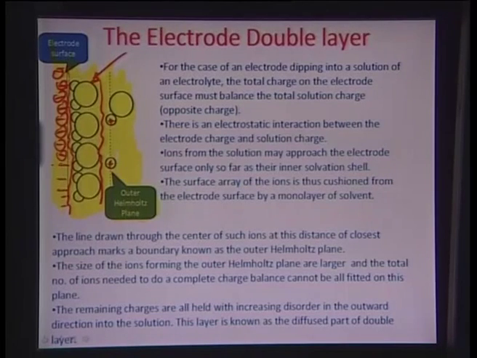One outcome of this size difference between the negative and the positive charge centers is a thin amount of charge because of the bigger size of the ions, and the first layer here, separated by this layer of water molecules, will not be able to totally neutralize the negative charge on this electrode surface.